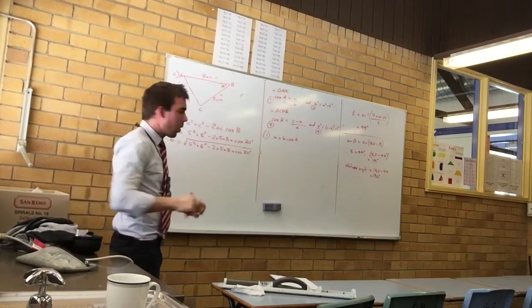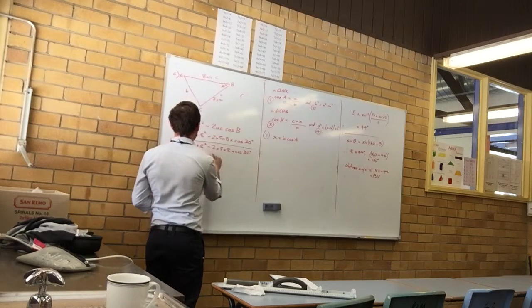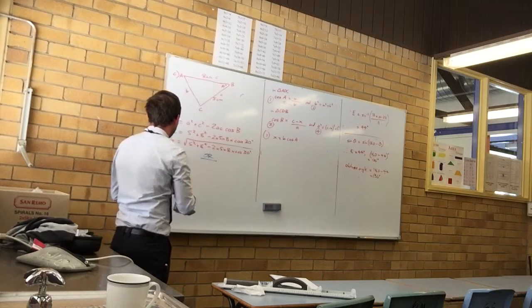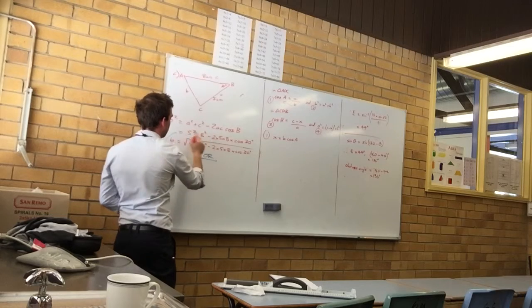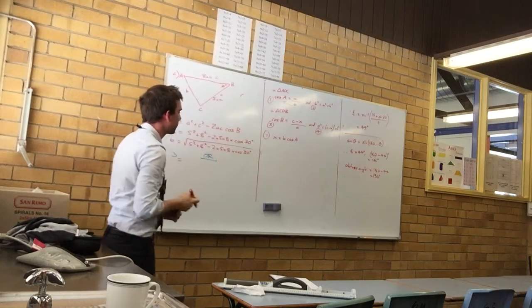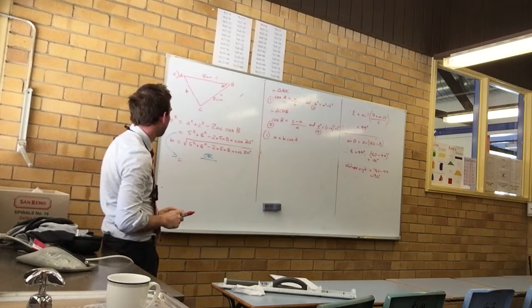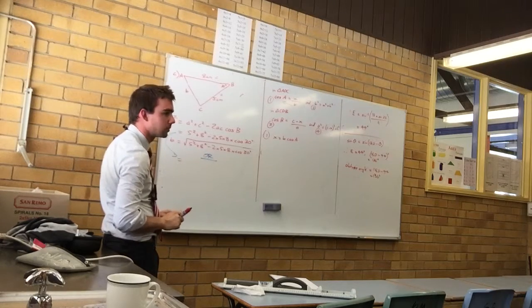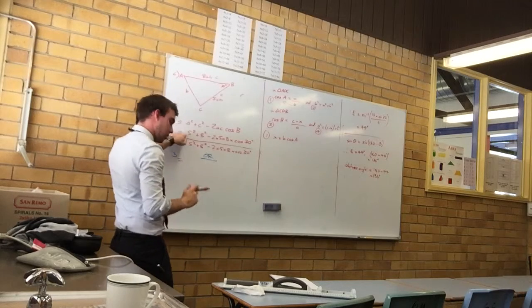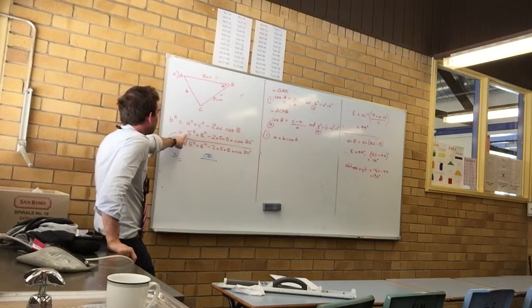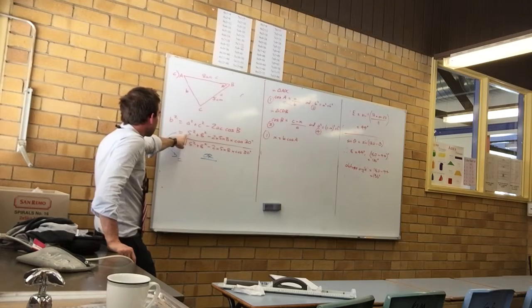The alternative, from this line here, can someone please put in 5 squared plus 8 squared, take away 2 times 5 times 8 times cos of 30 in your calculators, please. Without the square root, please.